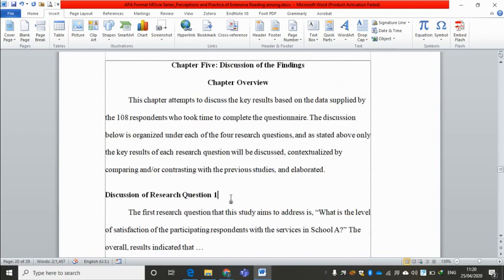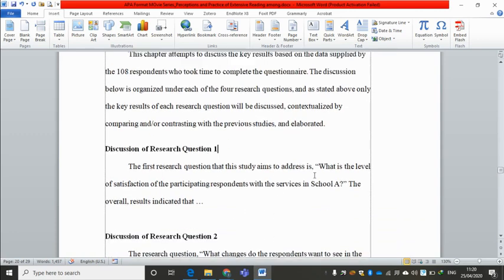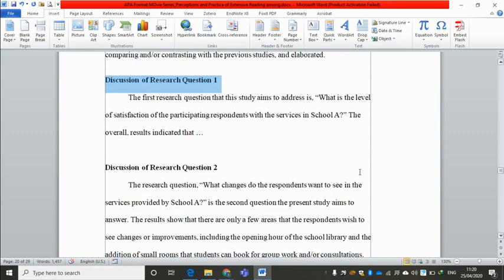So I think it's also a good idea to discuss your research results or research findings based on each research question this way. It's easy to follow. It's easy to write up the discussion.